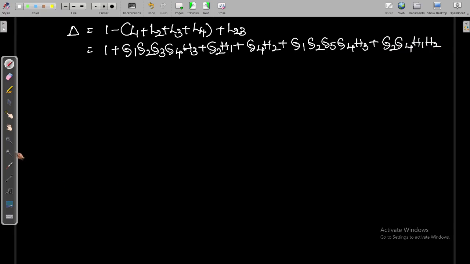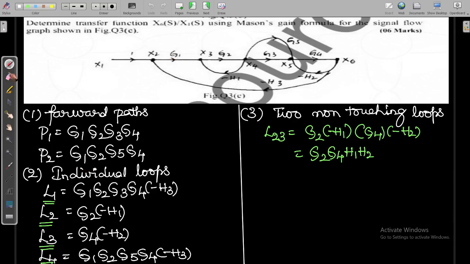Next we can take delta 1 and delta 2. Delta 1 means the first forward path we have taken, that is G1, G2, G3 and G4. There is no non-touching loop, because it is touching all the loops.